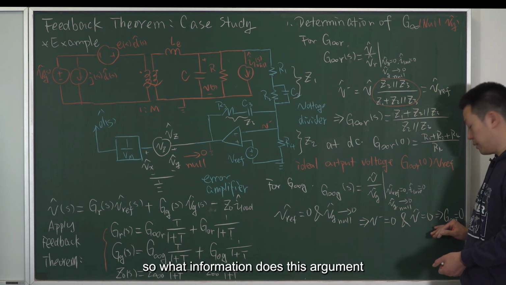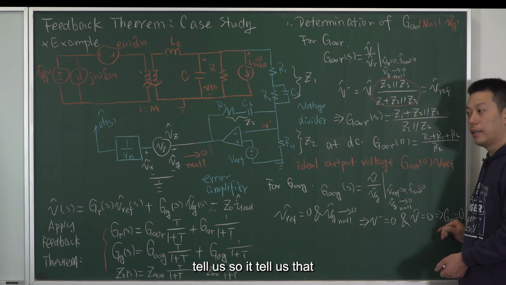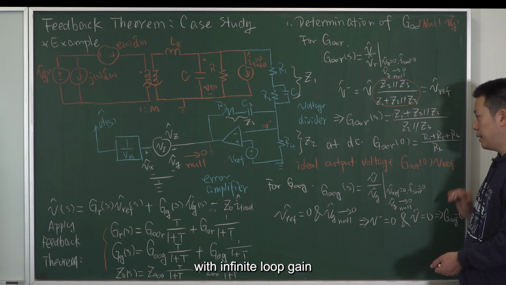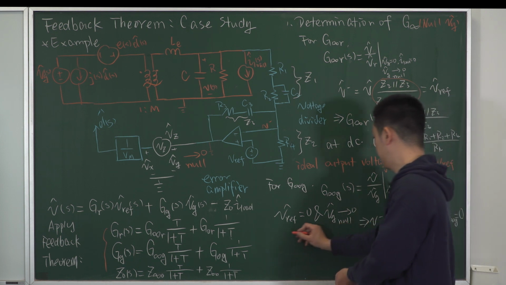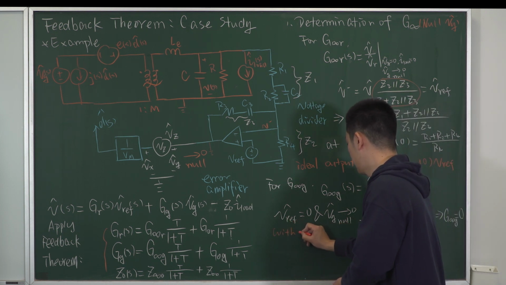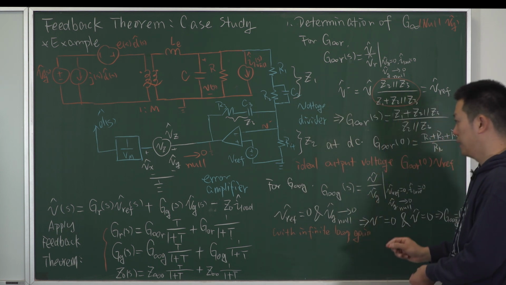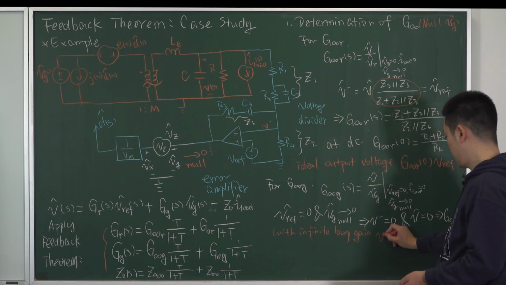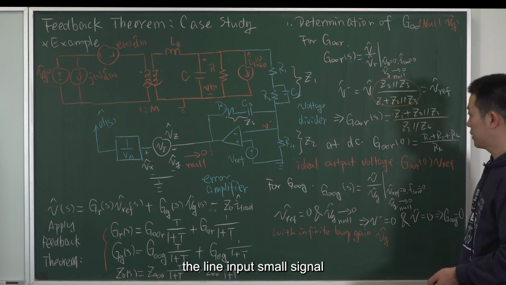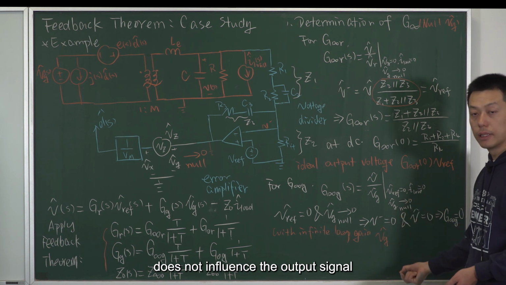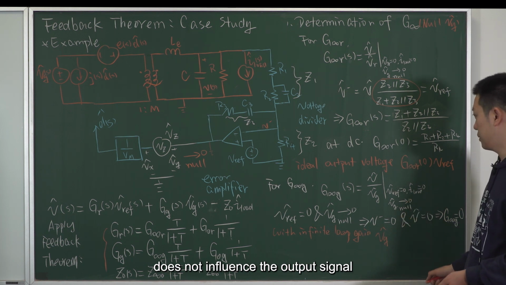What does this tell us? It tells us that with infinite loop gain, the line input small signal Vg does not influence the output signal.